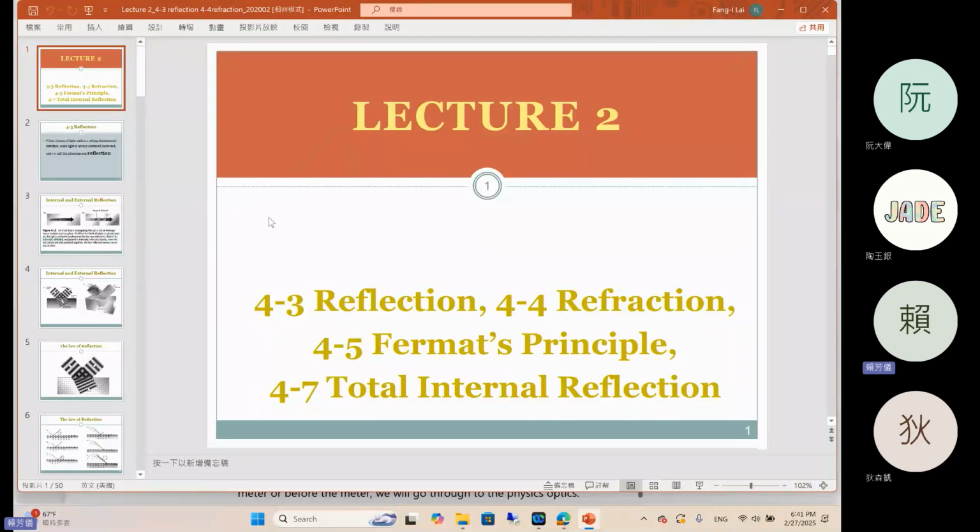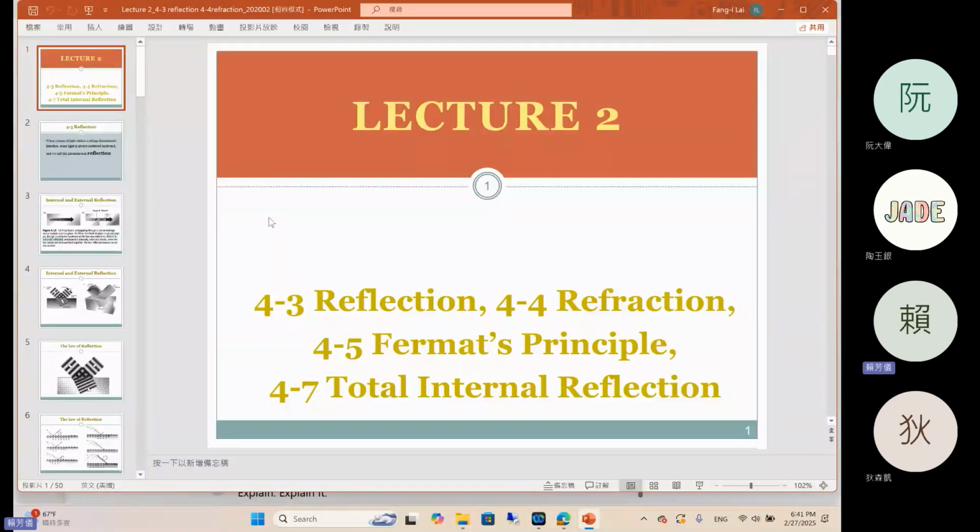So how do we distinguish these two different phenomena of optics? Sometimes you use particle behavior to explain the phenomena, and sometimes you need to use wave behavior to explain it.